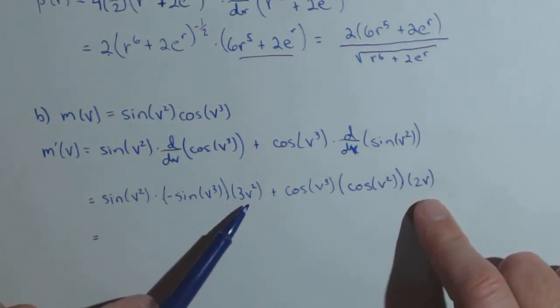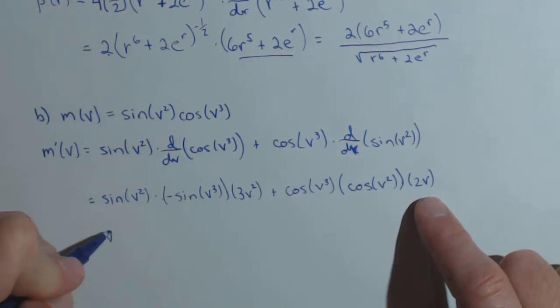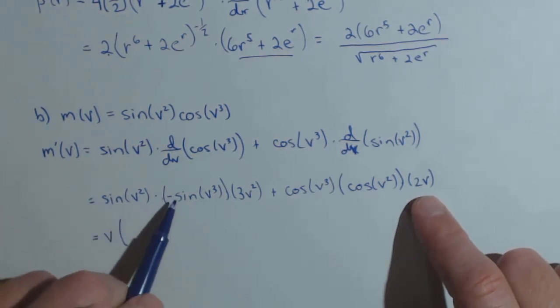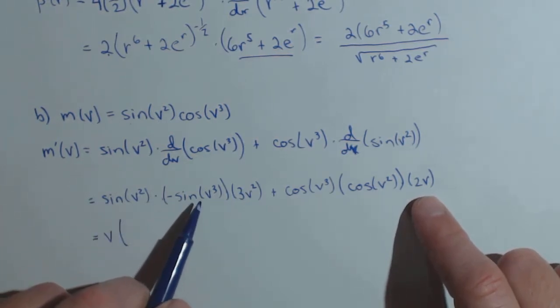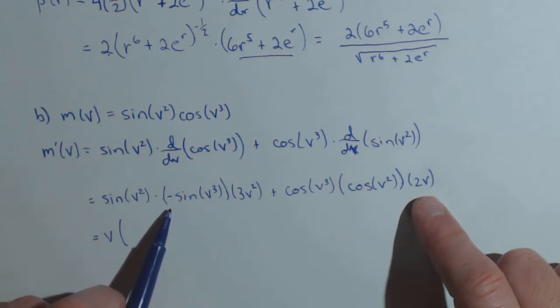There's not going to be a ton of simplifying we could do. If we wanted, we could factor a v out of the whole thing, and we can kind of condense this. Actually, not very much, because these have different arguments.